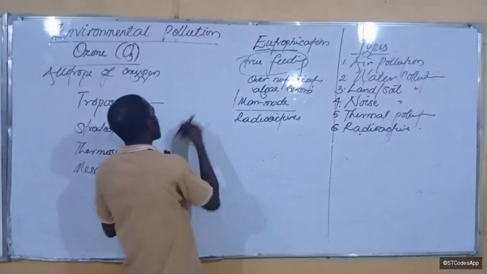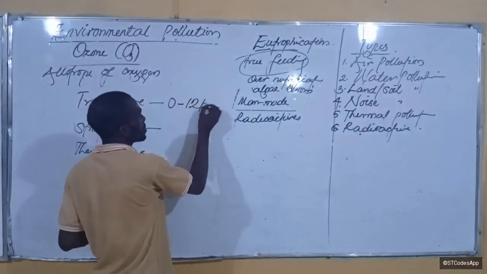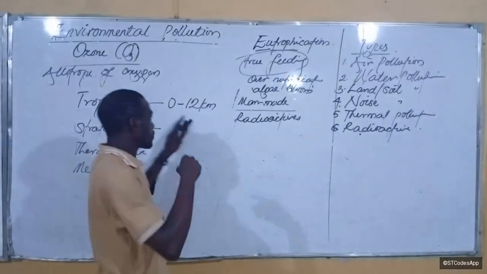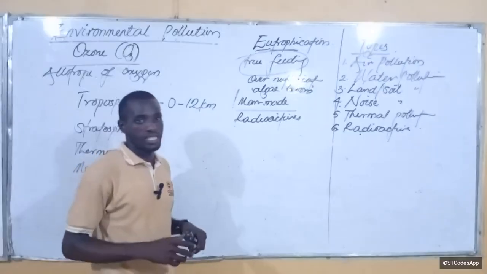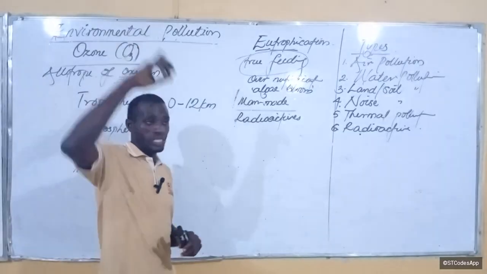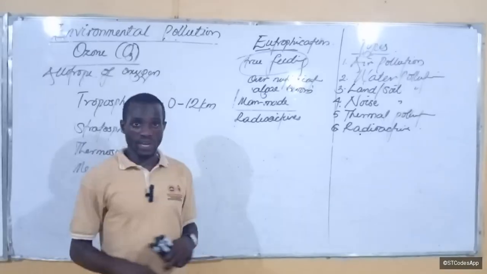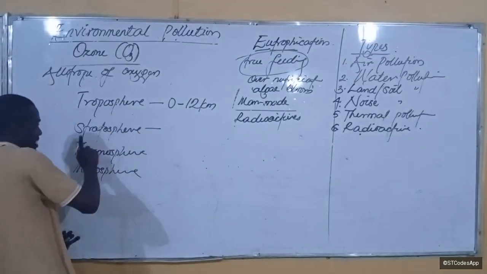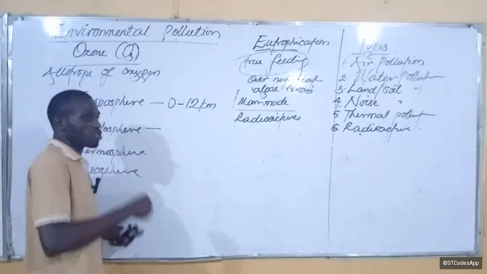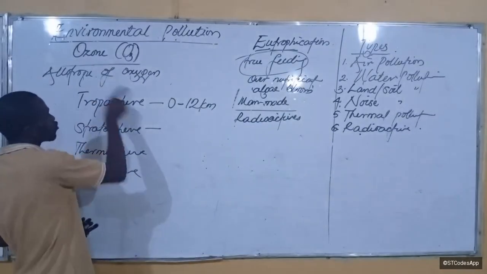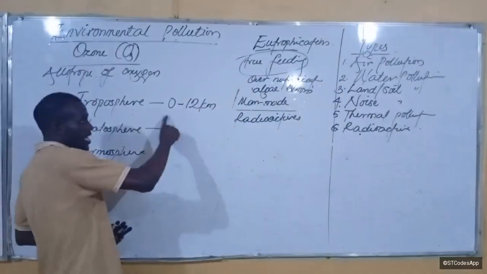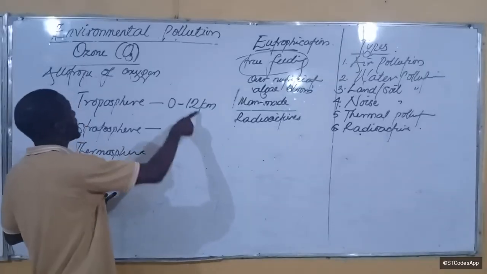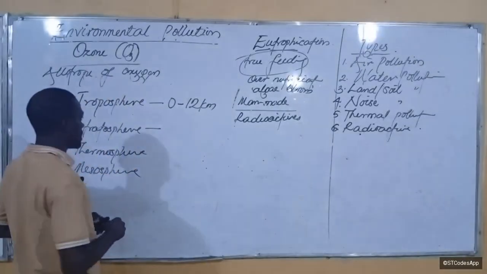It goes from 0 to about 12 kilometers altitude above sea level, and that's where it ends. Between the troposphere and the stratosphere there is a tropopause. The troposphere is the layer of highest turbulence, but I'm not dealing with that right now. I want you to know where the ozone layer is found on the earth.